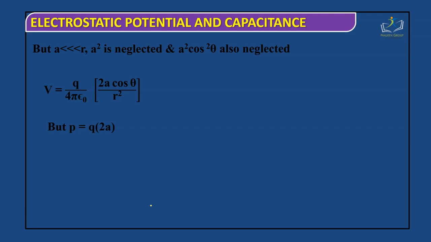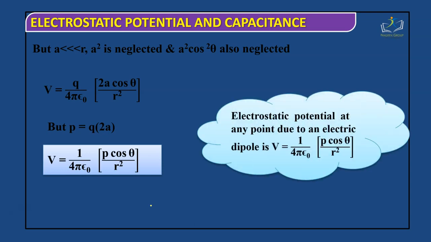So what is q into 2a? That is p. That means the potential we receive from here is 1 by 4 pi epsilon naught p cos theta divided by R square. Electrostatic potential at any point due to an electric dipole is V equal to 1 by 4 pi epsilon naught p cos theta divided by R square.